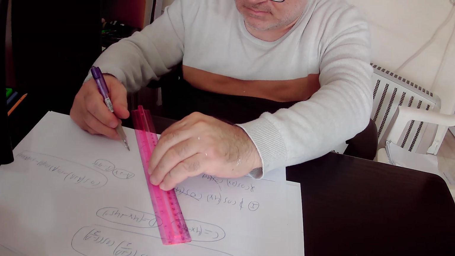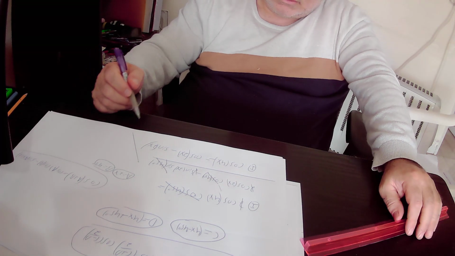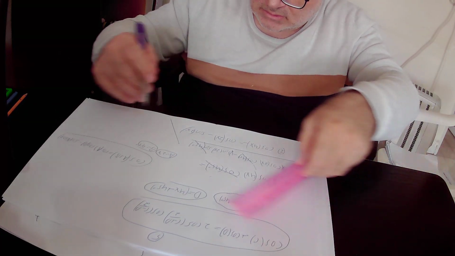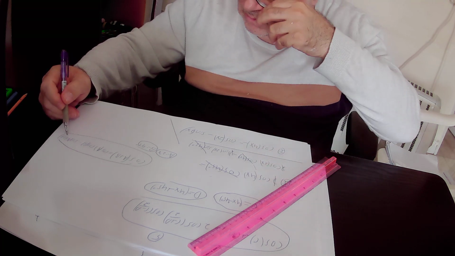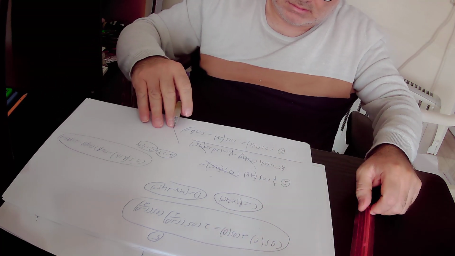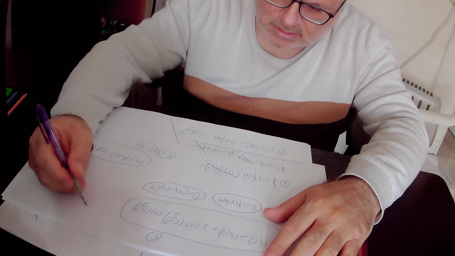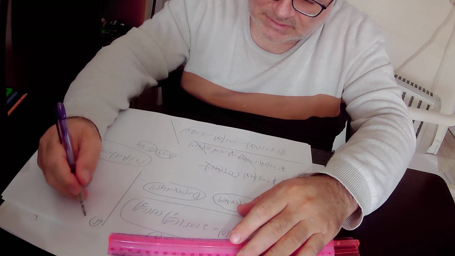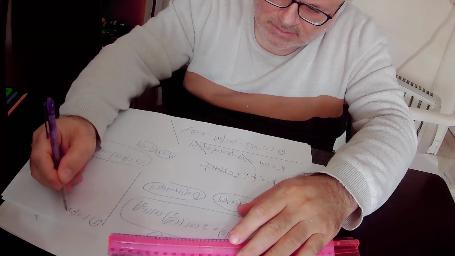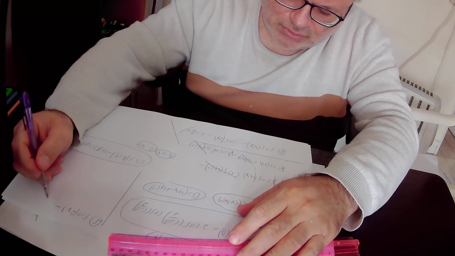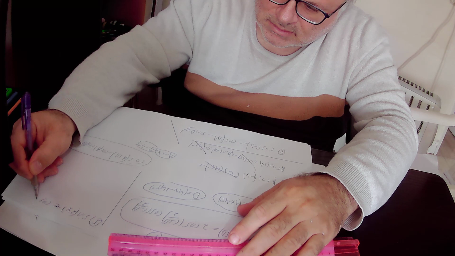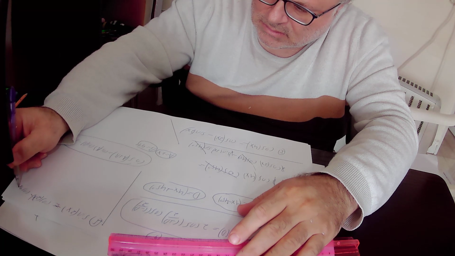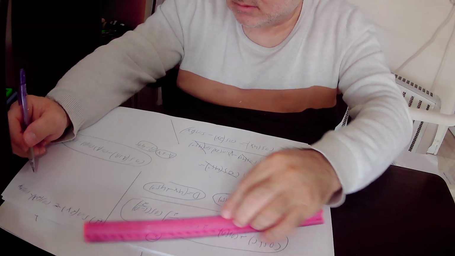So here we will add sine 2x to equation number 1, and we will subtract cosine 4x, and we will get that sine 2x equals cosine 2x minus cosine 4x. Okay.